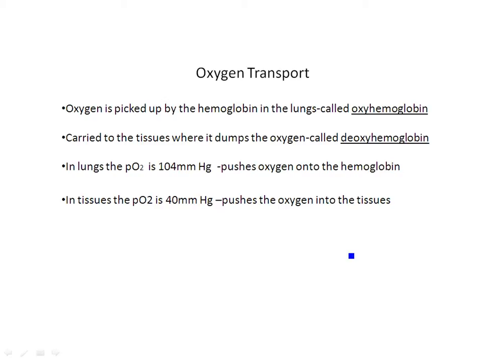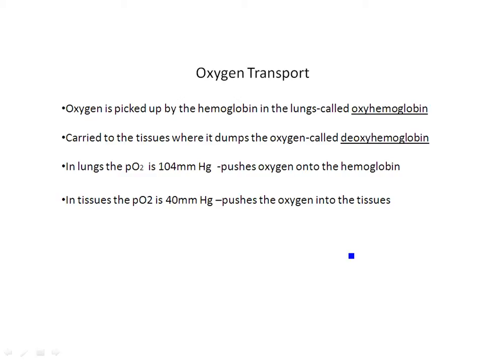The way you get the oxygen onto the actual iron molecules of the hemoglobin is all about diffusion pressures. If you have a greater pressure somewhere and a lower pressure somewhere else, that's going to push those molecules from greater to lower concentrations. So in the lungs, the partial pressure of oxygen is around 104 millimeters of mercury. Well, the atmospheric pressure is way greater than that.